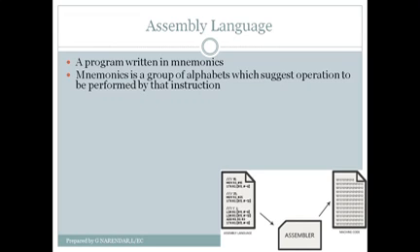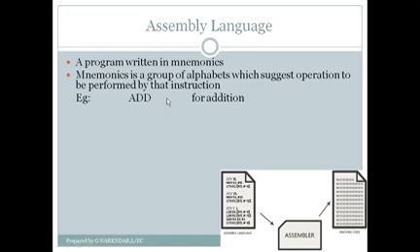For example, we have an example. Here you can see that we are using a mnemonic that is formed by a group of alphabets A, D, D in caps, and this is the mnemonic written to perform the operation of addition of two data bytes. So if you want to add two data bytes, we'll use simply the mnemonic ADD.